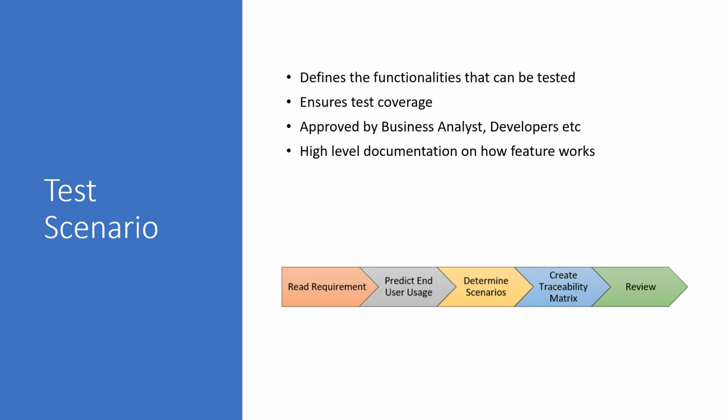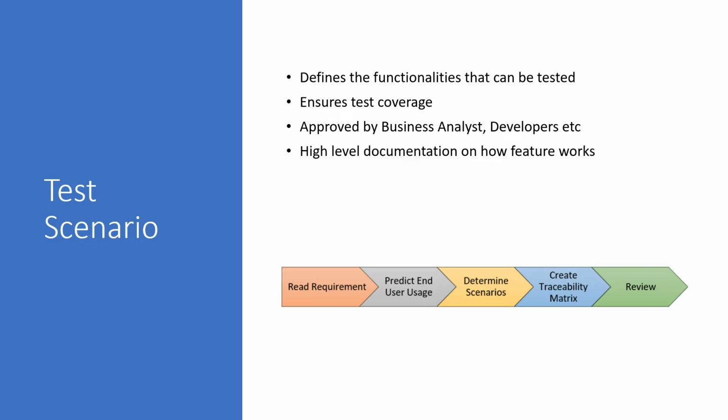So do you people remember acceptance criteria which I took in agile? That is somewhat kind of test scenarios also. Okay. Based on that, we can write our test scenarios, and it is going to be a high level document. So it is going to define how the feature is going to work. Okay. So that is called a test scenario. Any doubts here?